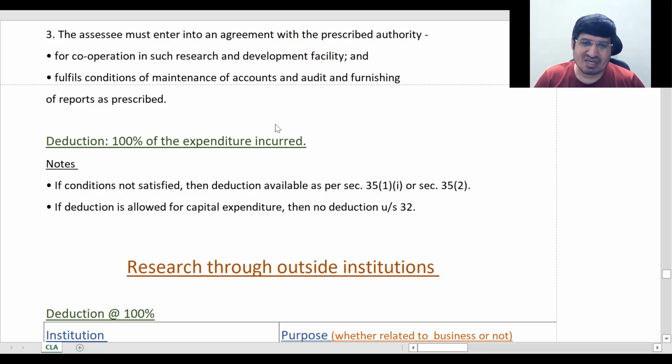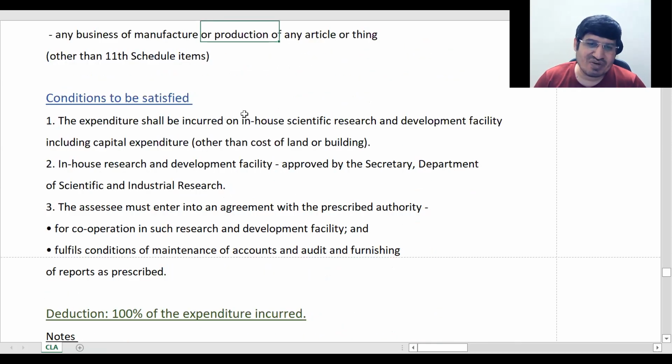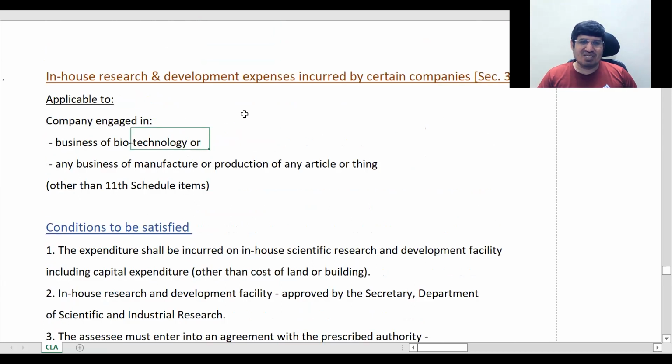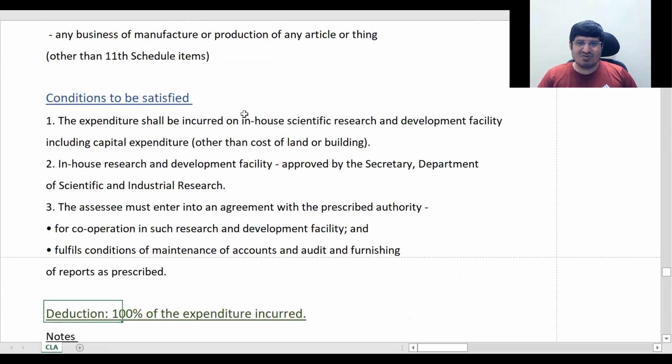Okay, so this one is little simple. There we divided it as capital expenditure, revenue expenditure. Okay, pre-commencement, post-commencement expenditure, correct? वो सब करके वहाँ that it has been done in an organized way. Here it is very simply, it has been done. These two are the business. Okay, you must be using it for in-house research and development.